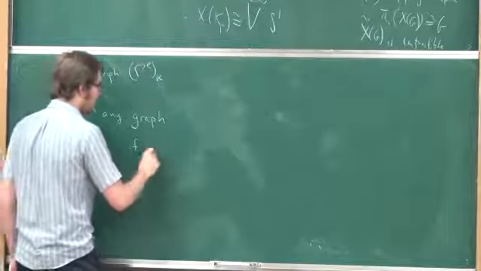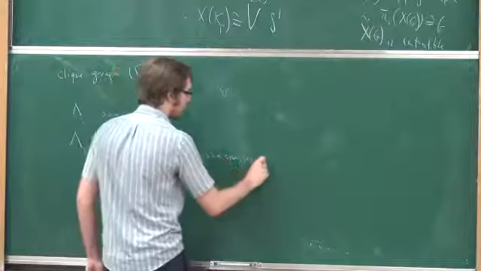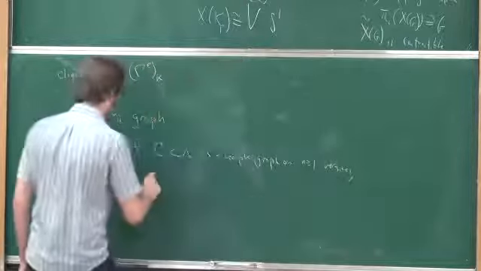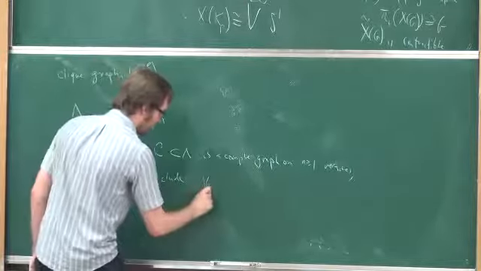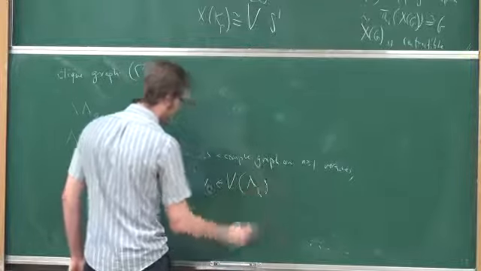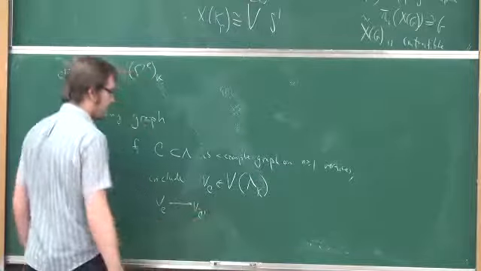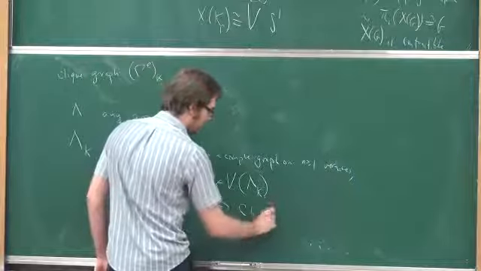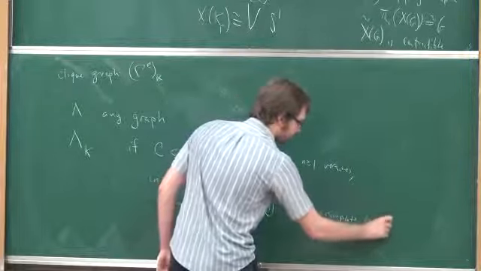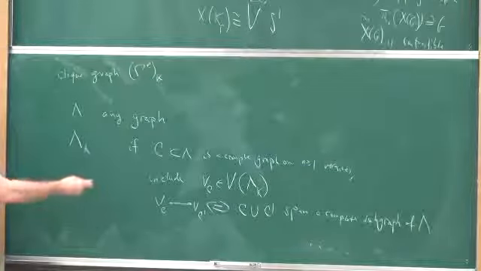So if C inside of lambda is a complete graph on any n at least one vertices, we include v_C in the vertex set of lambda_k. And v_C is connected to v_C' if and only if C union C' span a complete subgraph of lambda, of course. So this is the definition of lambda_k.